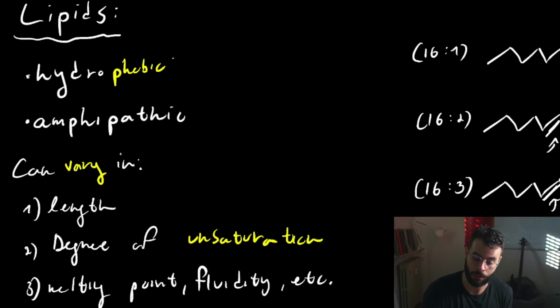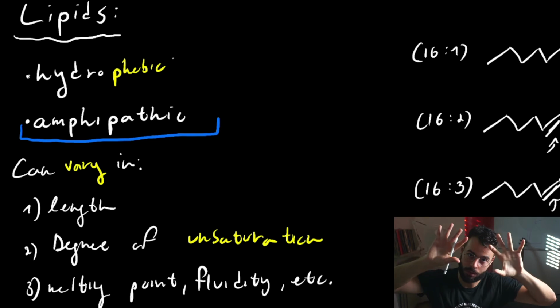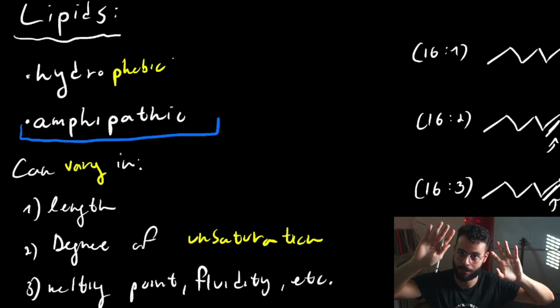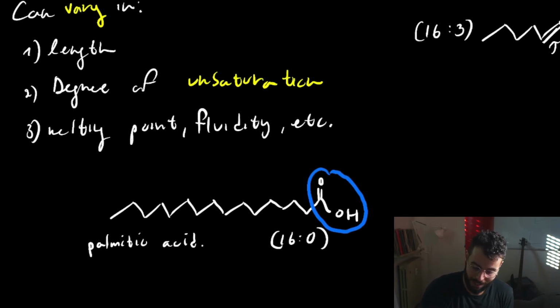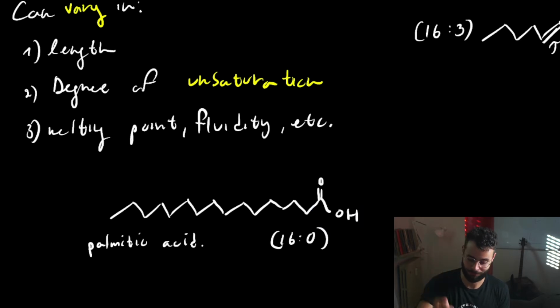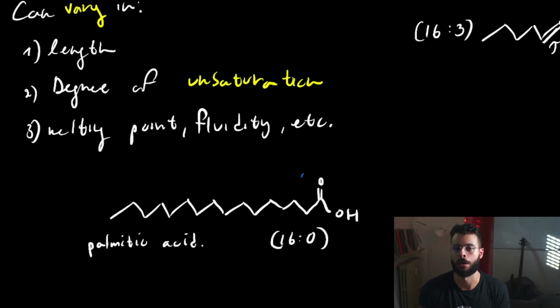So by now we understood what hydrophobic and hydrophilic molecules are, and we understood what an amphipathic molecule is. An amphipathic molecule is when you have one molecule which has 2 different zones, one hydrophobic and the other one hydrophilic. However, because the vast majority of the fatty acid is usually hydrophobic, because the hydrocarbon is way bigger than the carboxylic acid zone, we said that fatty acids are mainly hydrophobic.